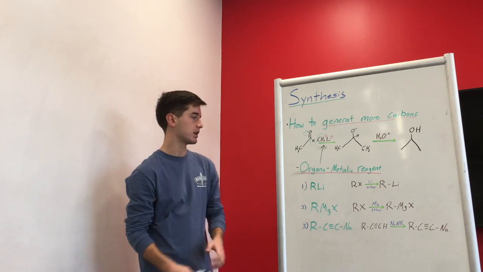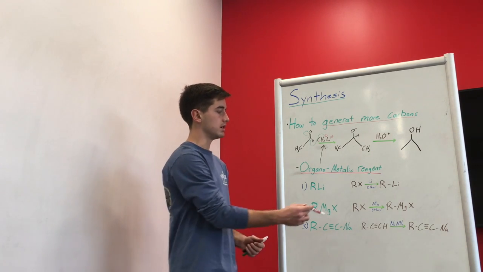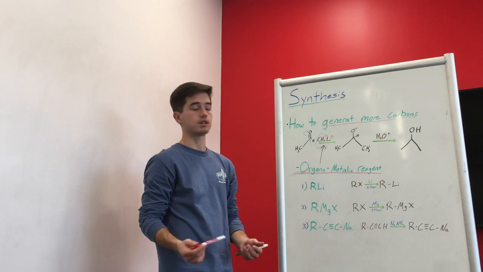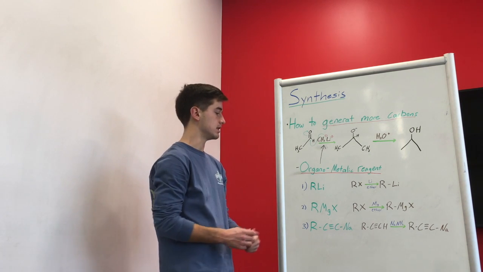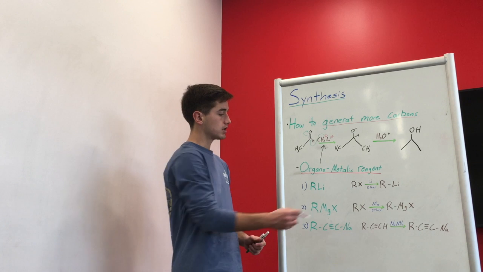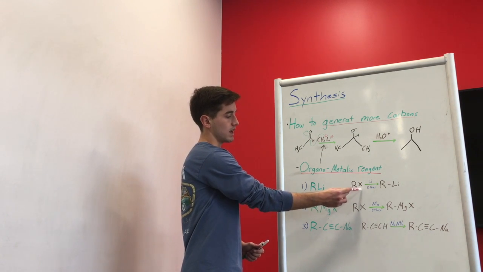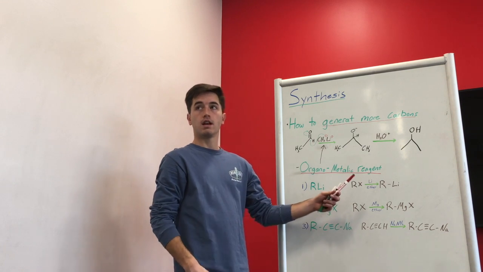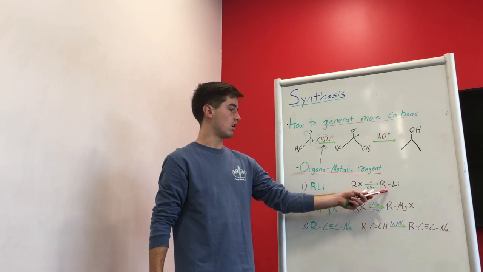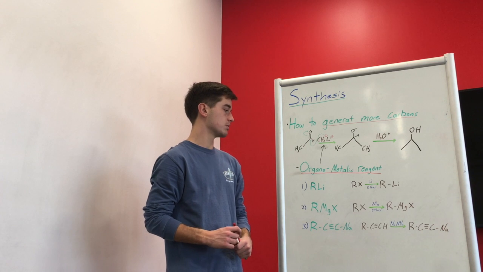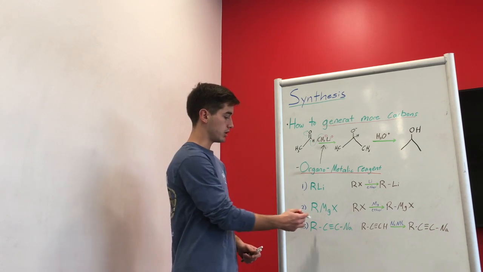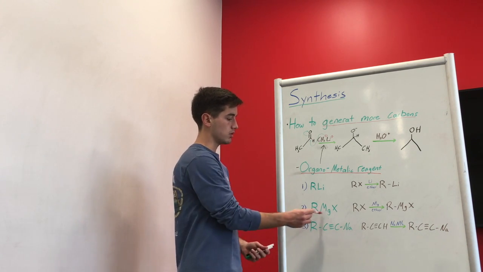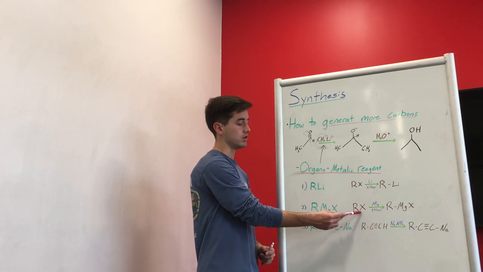So for this top organometallic reagent, we look at how to make this actual reagent itself. You take an R group with a halogen and you react it with lithium and ether, and that creates an R group attached to a lithium. For the second one, you have an R group with a halogen again.